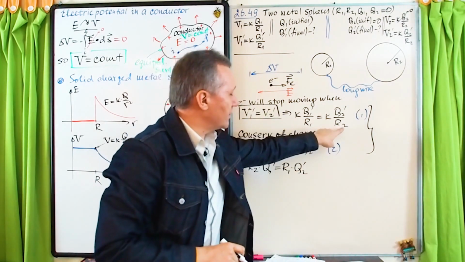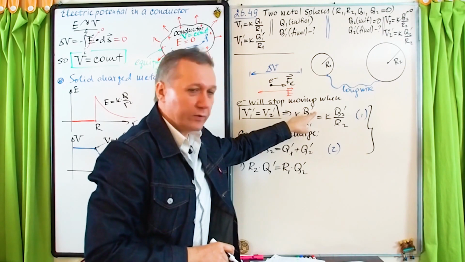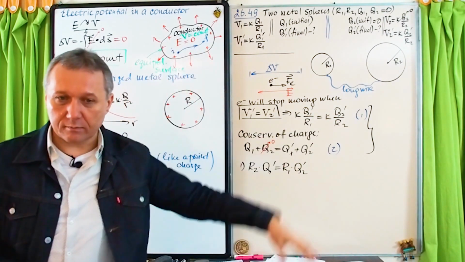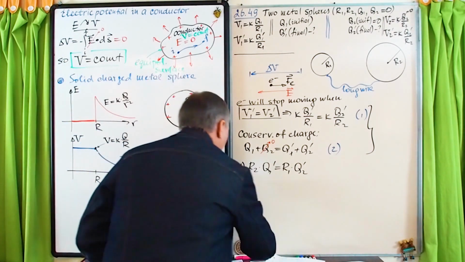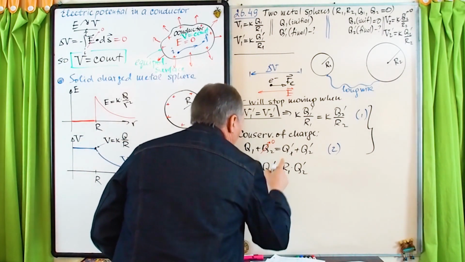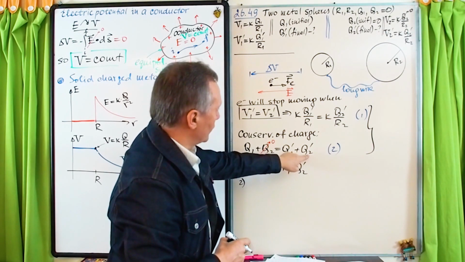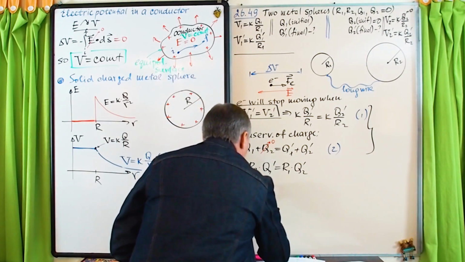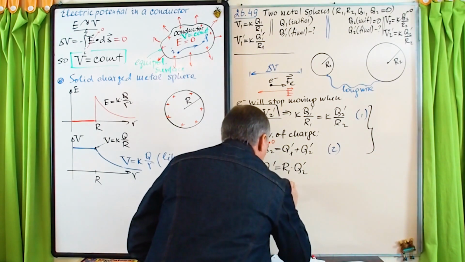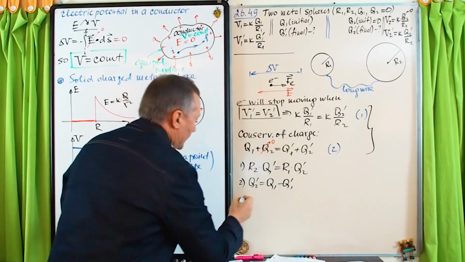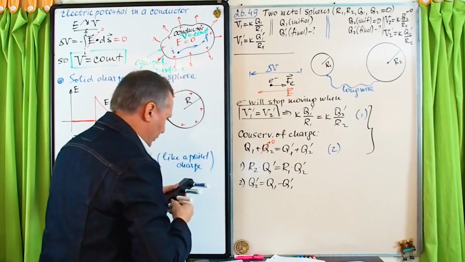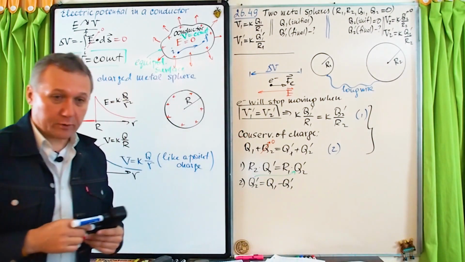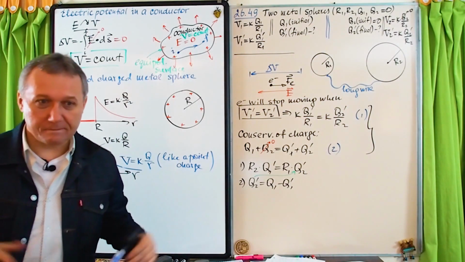So I just take this denominator, multiply it, move it over there, and this denominator moves to that side. And of course, K canceled. And the second equation, as I said, I want to solve for Q2 prime. So Q2 prime equals Q1 minus Q1 prime. And then I will take this Q2 prime and plug it into equation number 1.